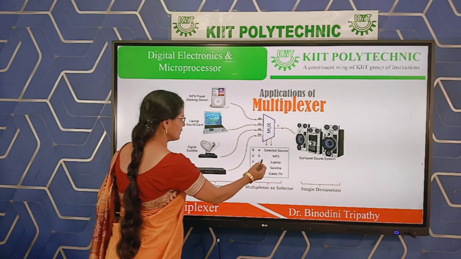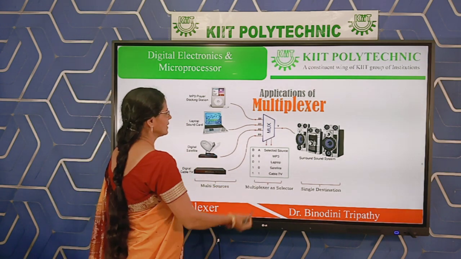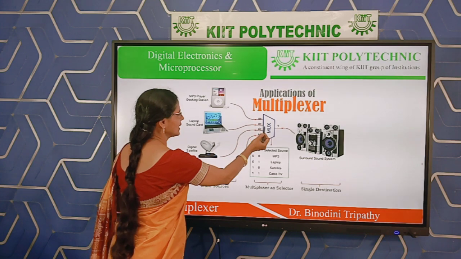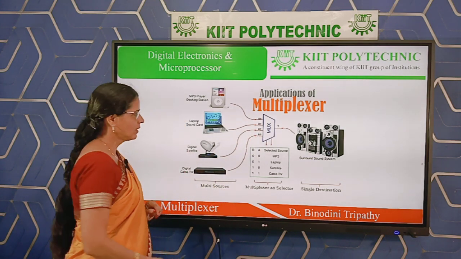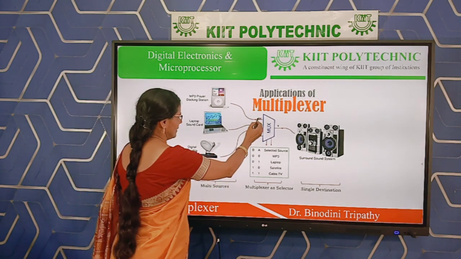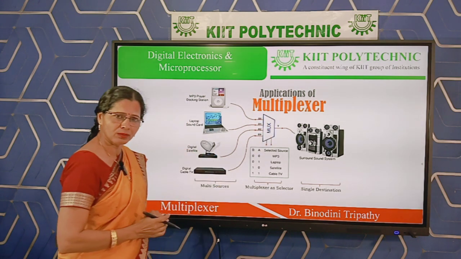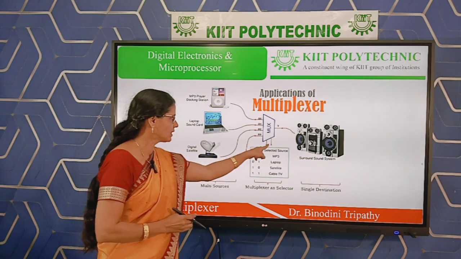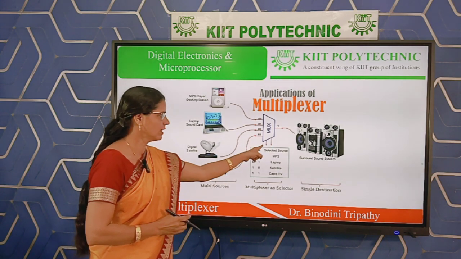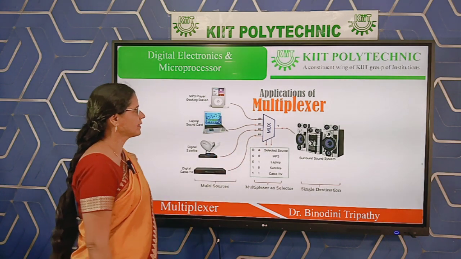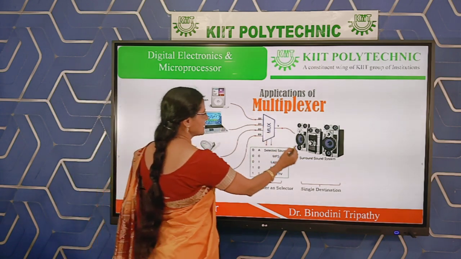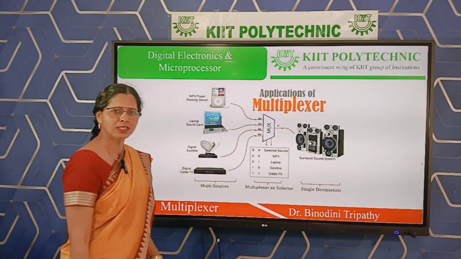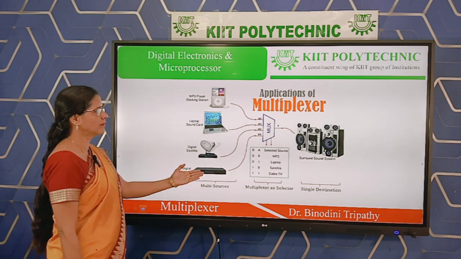When you apply 0, 1, then your laptop signal D1 will be available at the output. So any one signal as per our requirement we can select by the MUX, and the selection is controlled by the selection lines or selection inputs. Then the corresponding signal can be applied to the destination as per your requirement. So this is the MUX.